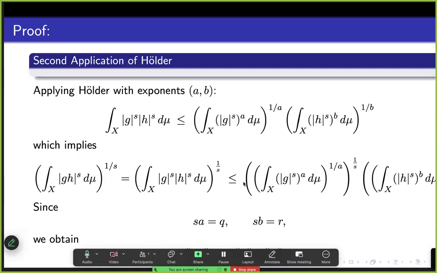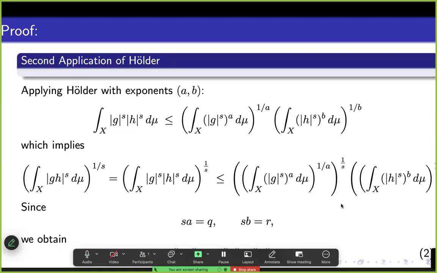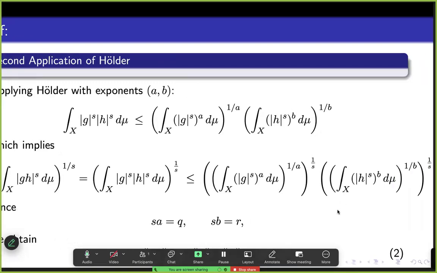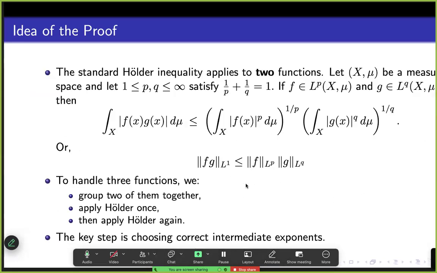So this is less than or equal to the integral of |g|^(sa) dμ to the power 1/a, to the power 1/s, times the integral of |h|^(sb) to the power 1/b, to the power 1/s.